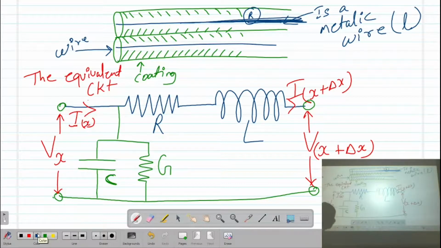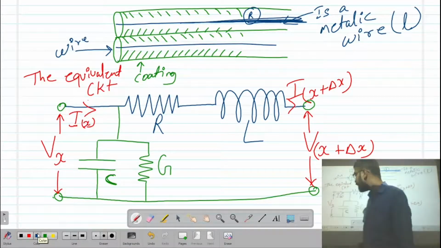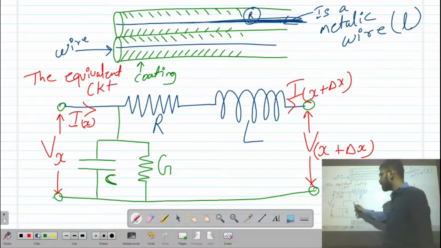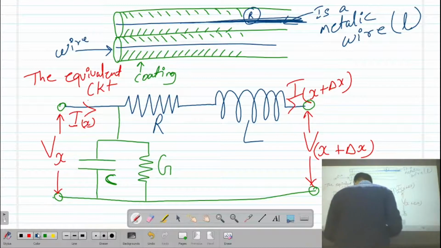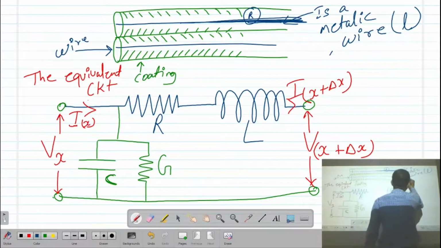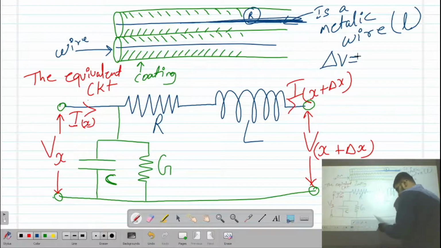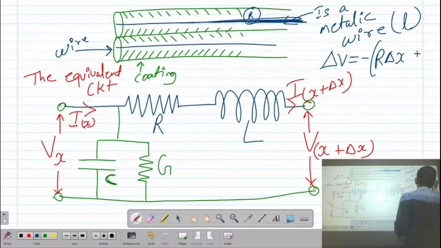If we want to find delta V, that is the change in the voltage, delta V is equal to minus of R delta x plus j omega L delta x into I.